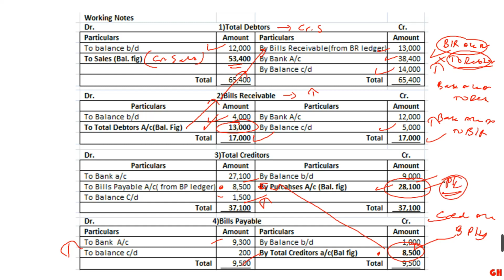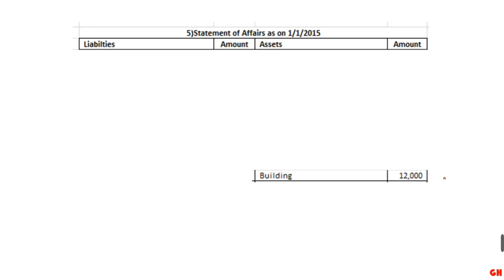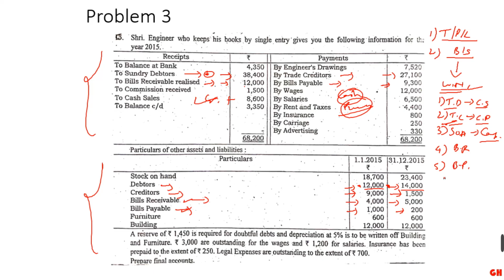Now these were the important working notes. The last working note which is remaining is statement of affairs. We are preparing statement of affairs to get the capital balance. The items shown in statement of affairs will be all the balances of last year.